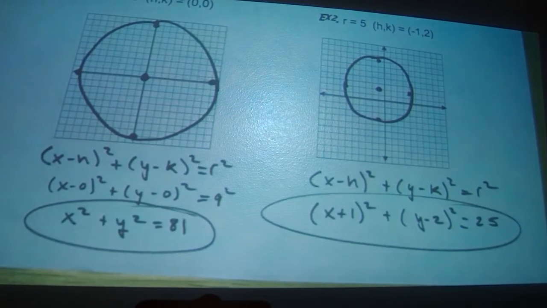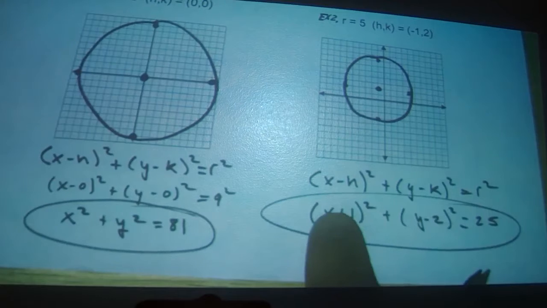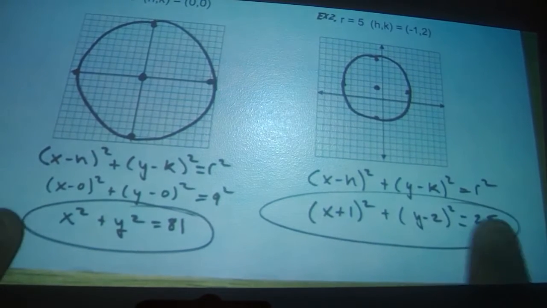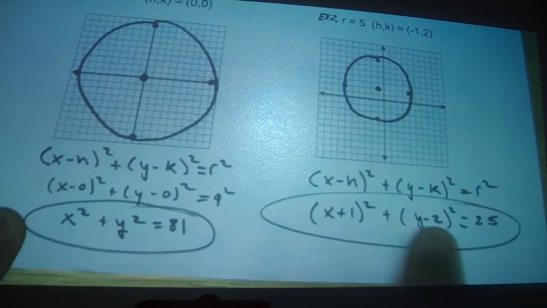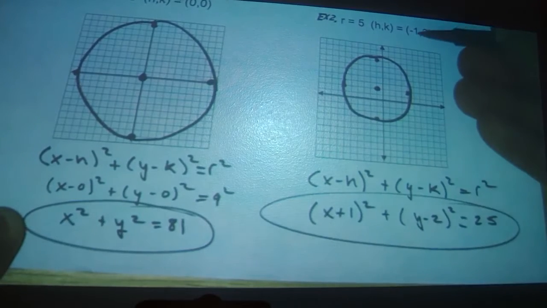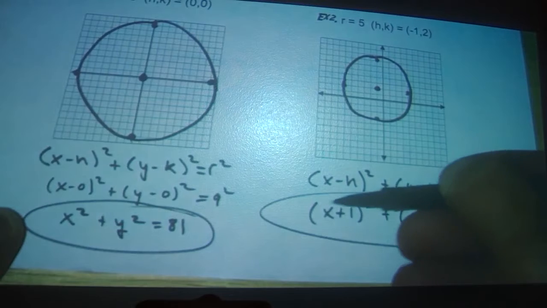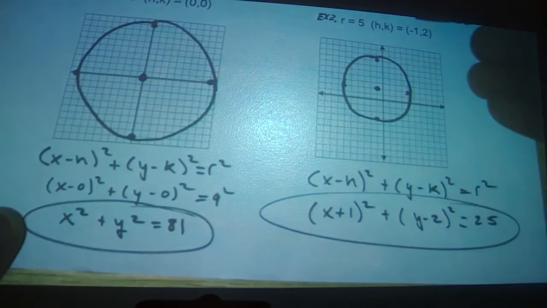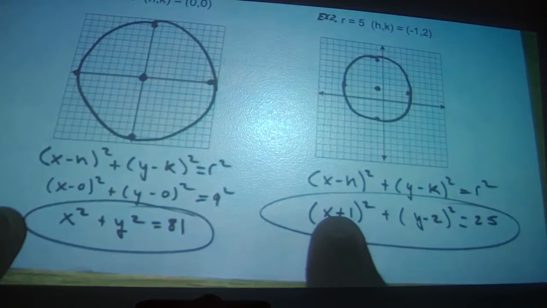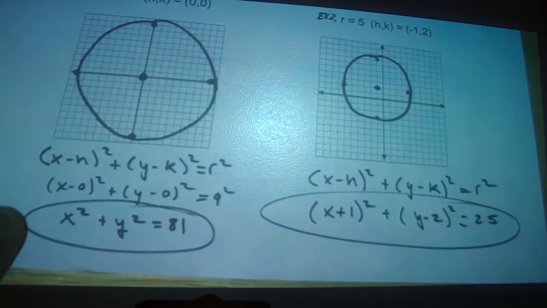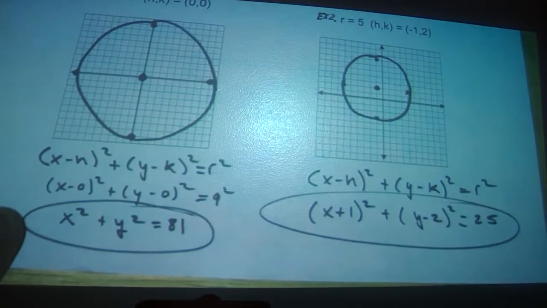Okay? So if they give you an equation now, when you grab the h and k, notice that it is opposite of what you see. If you see x plus 1, that's really x minus a negative 1. The h is the opposite of what you see. So if you see y minus 2, the k value is really positive 2.